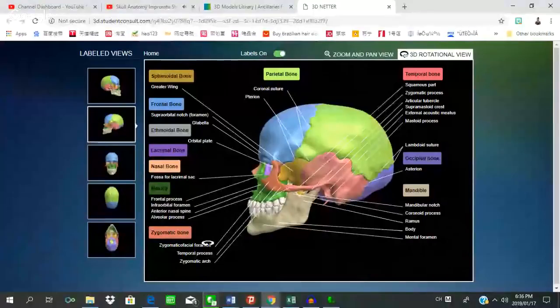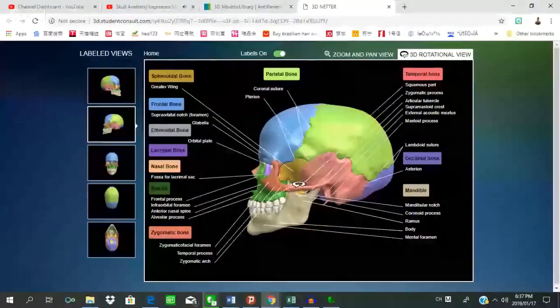The zygomatic bone, in this section here. The features included in this section include the zygomaticofacial foramen, the temporal process over here, and the zygomatic arch in this section here.